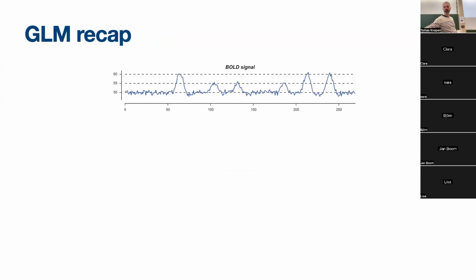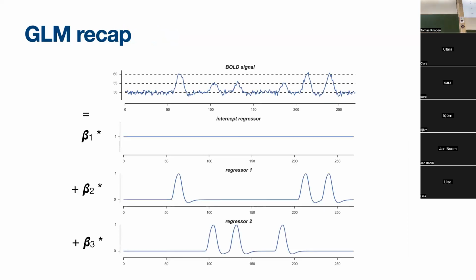Cool. So just to go into the basics again, because I'm going to need this in the further part of the explanation. You should be recognizing this. This is a pictorial scenario of a single voxel's time course, the one that we now know where it is, with a BOLD signal.